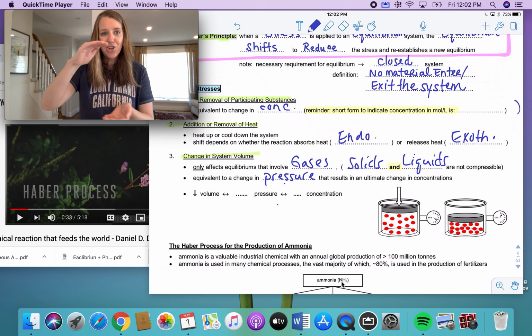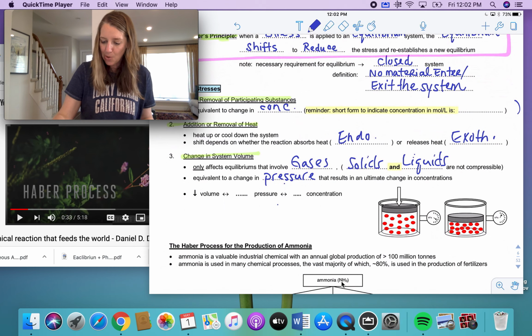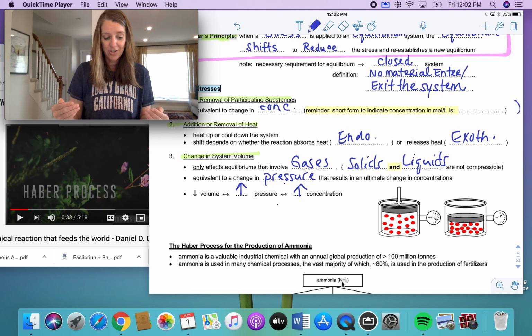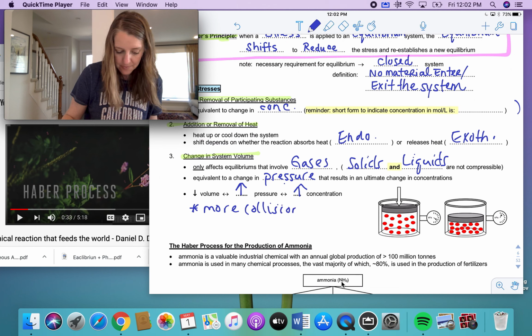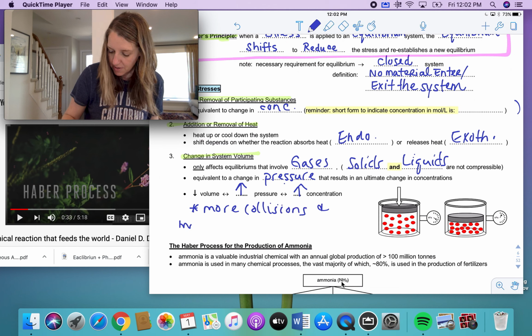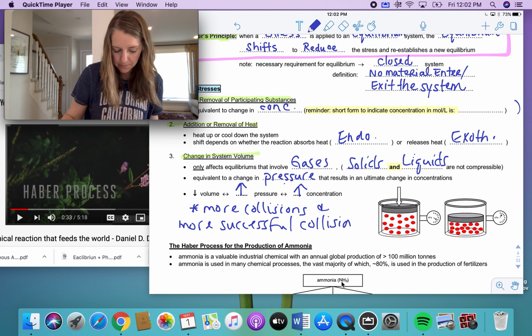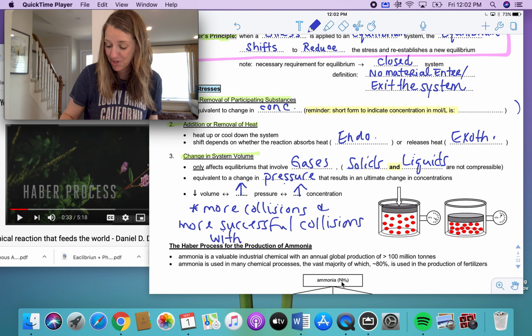What's happening? You're decreasing the volume, you are increasing the pressure, and that's the same as talking about increasing the concentration. What does that mean? It means you have more collisions and more successful collisions with the correct collision geometry.